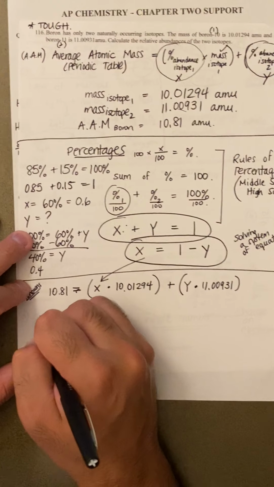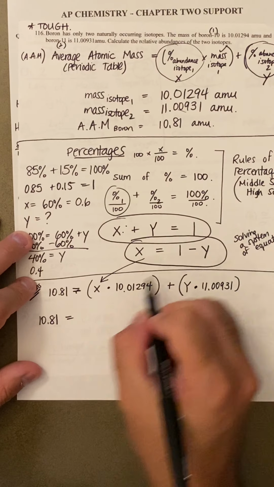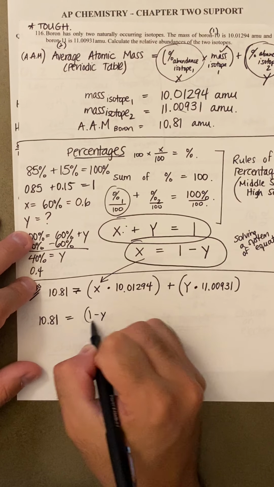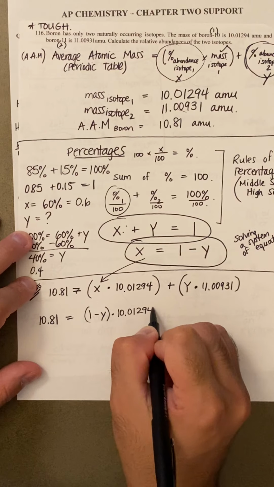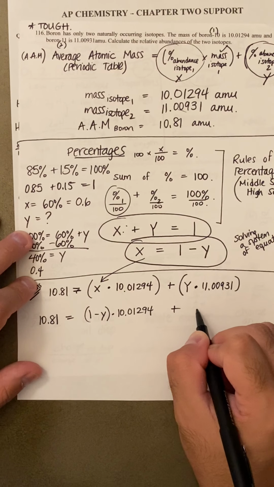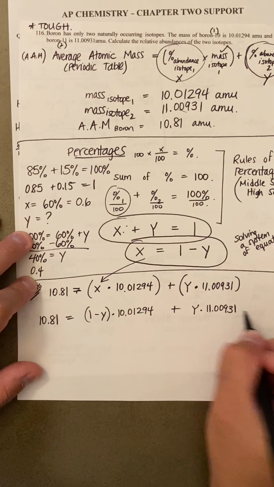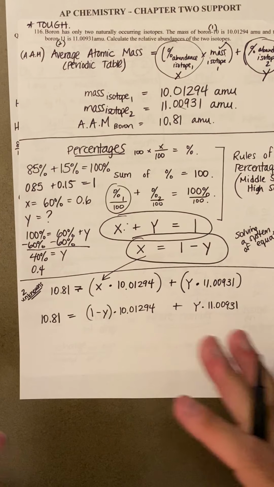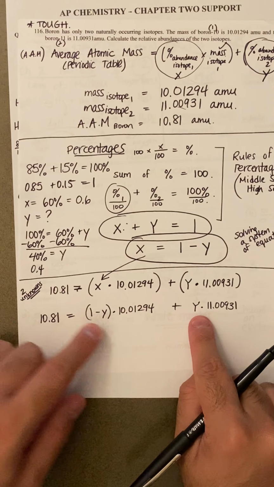So now I'm going to replug this in and say 10.81 equals 1 minus y times 10.01294 plus y times 11.00931. Now let's continue to solve for y. I only have one unknown, and that's y.